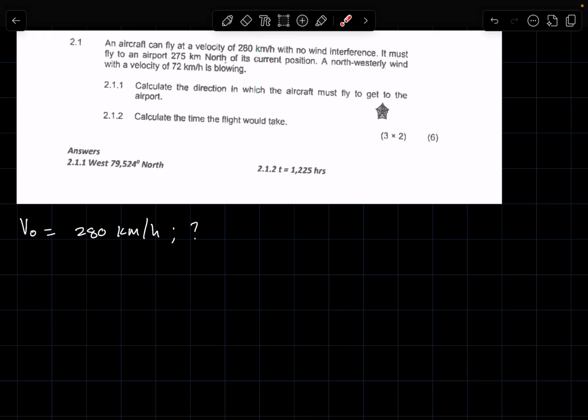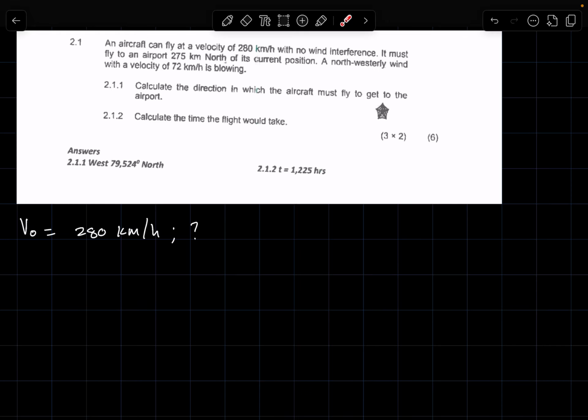Right, it must fly to an airport 275 kilometers north of its current position. So the pilot must end up directly north after flying a displacement of 275 kilometers.